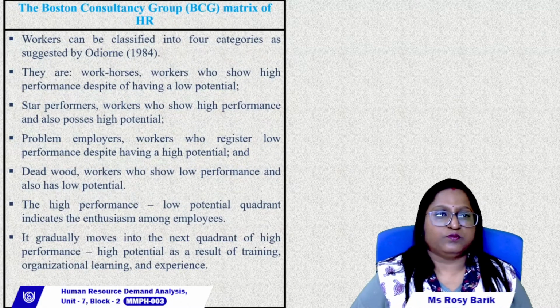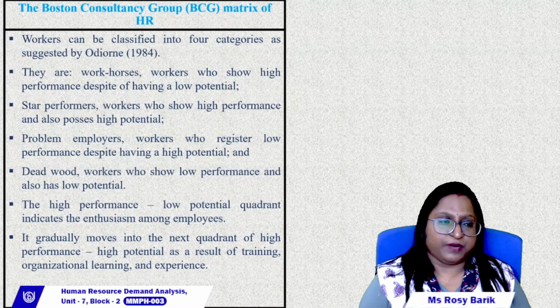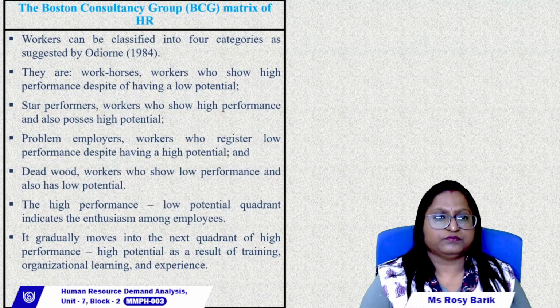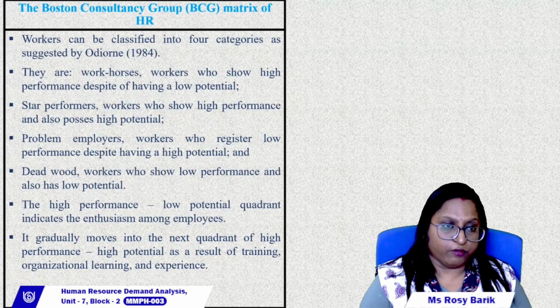Boston Consulting Group BCG matrix of HR. Workers can be classified into four categories, as suggested by Odiorne in 1984.